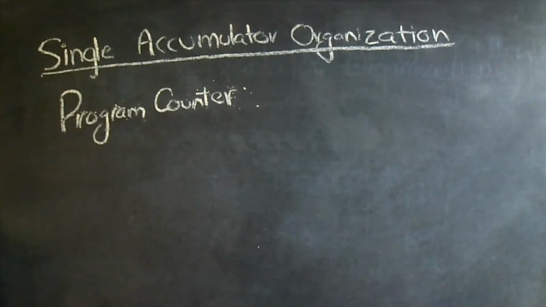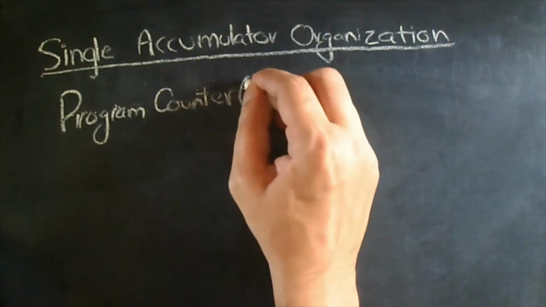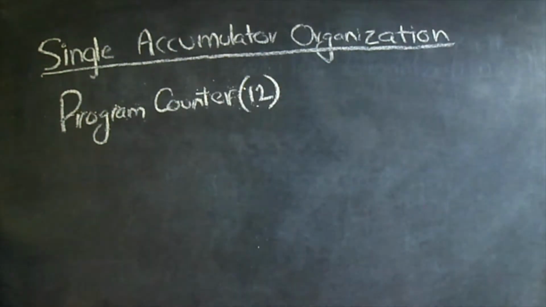Suppose there is a branch instruction, the controller program branches to another location, then program counter is used to tell the computer where to come back to, where it starts executing again. So the program counter, since it holds the address, the size of program counter in a hypothetical system would be same as address part, which is 12 bits.